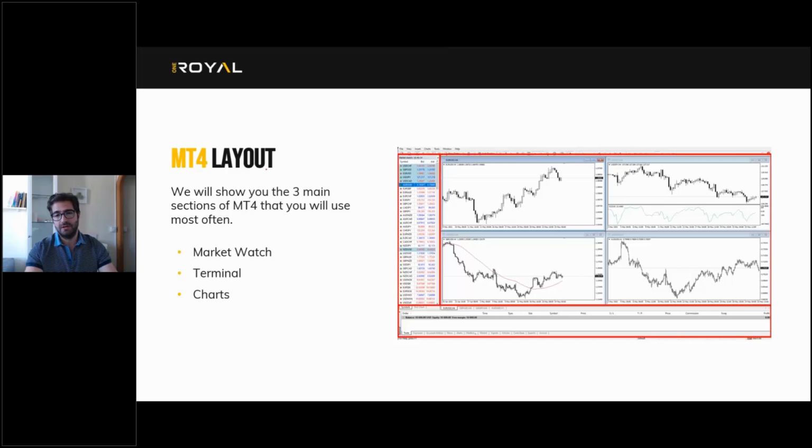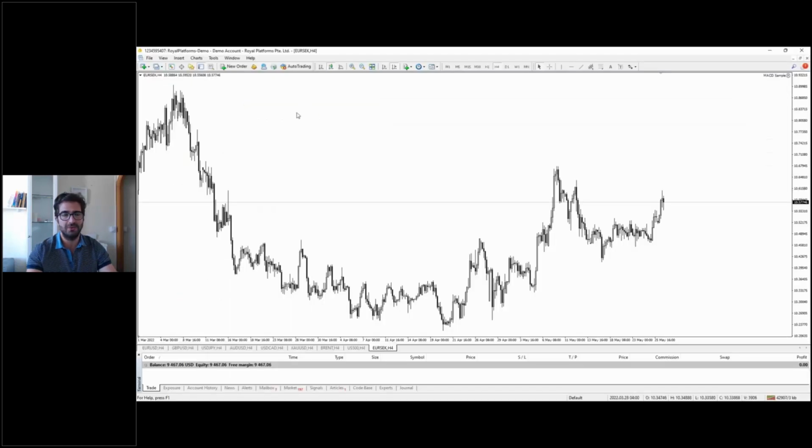So our first section is the MT4 layout. In this section, we will show you the three main sections that you will use most often. We have the market watch, terminal, and chart. So where do you see them on MT4? The market watch, if you go here, you can see this button.